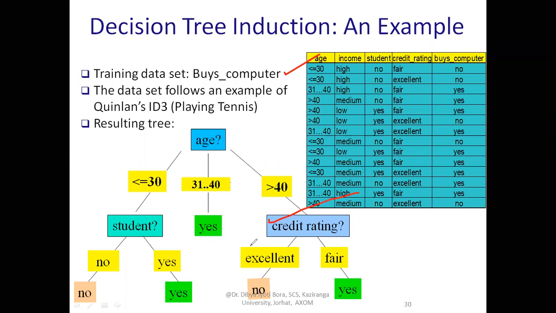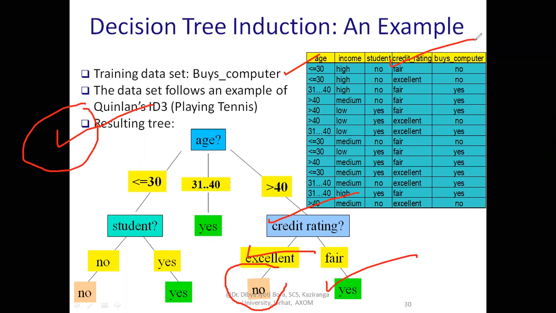When the credit rating is excellent, there is no certainty from the table, and when the credit rating is fair, then yes, he or she is going to buy the computer. So this is the decision tree we have constructed from this table, but please try to construct it on your own. The table is given here.